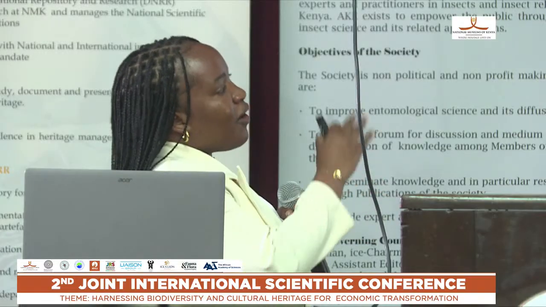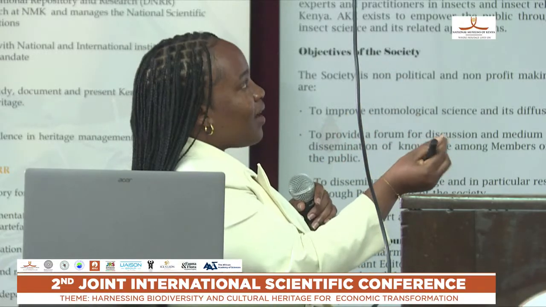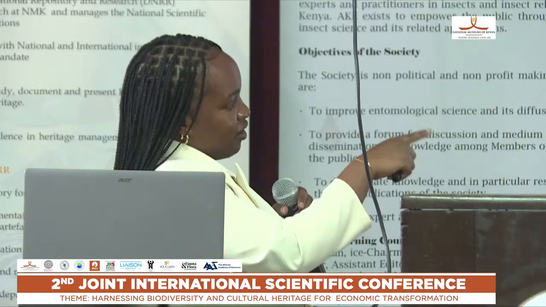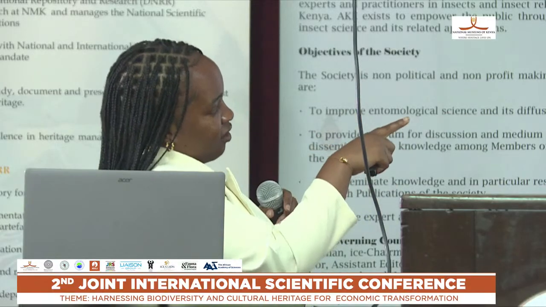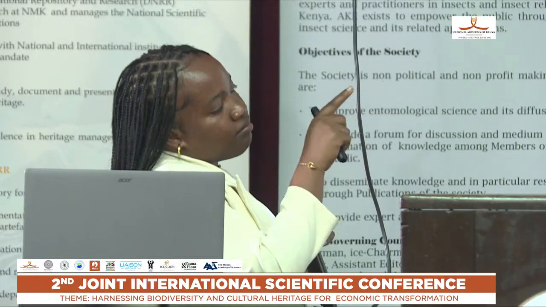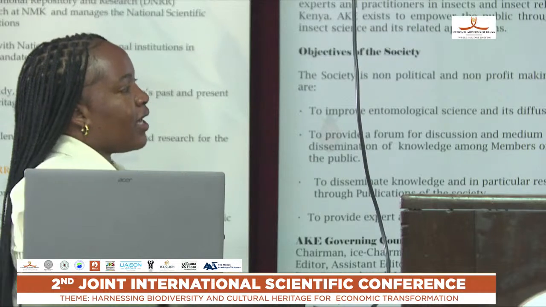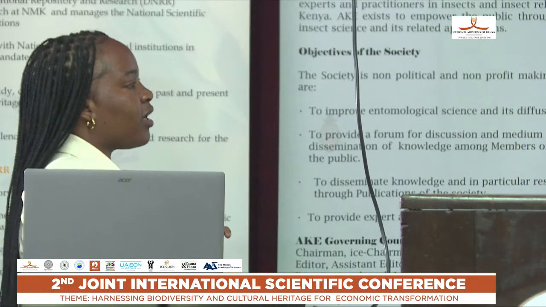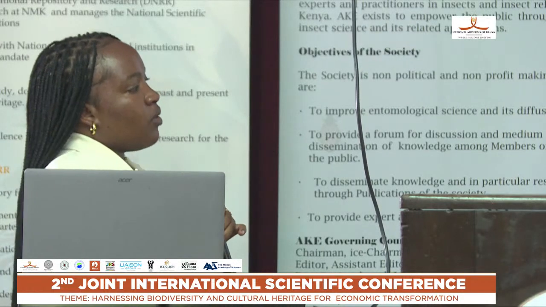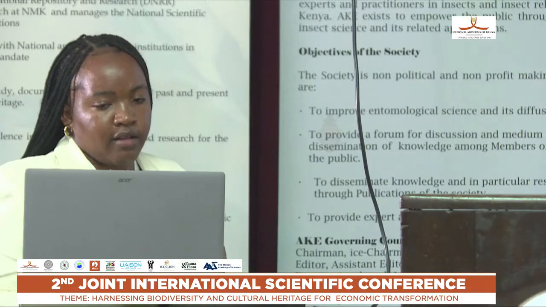Combining all four processes, we can then come up with KBA scoping, where we apply the IUCN KBA criteria, identify trigger species, and only then can we delineate potential KBAs.